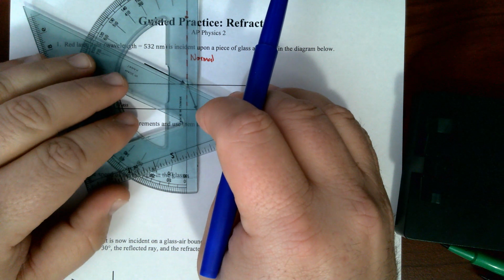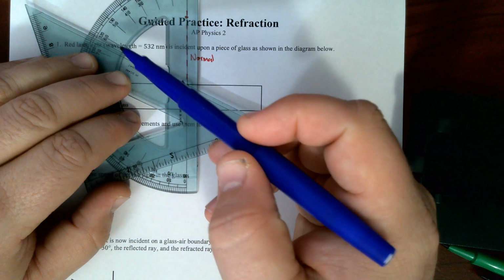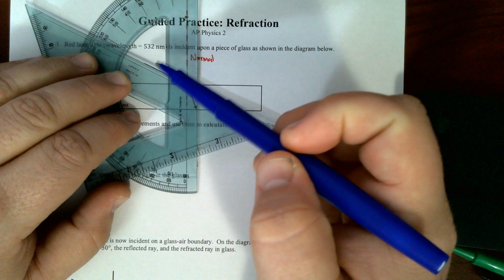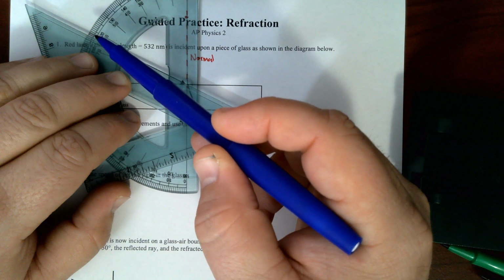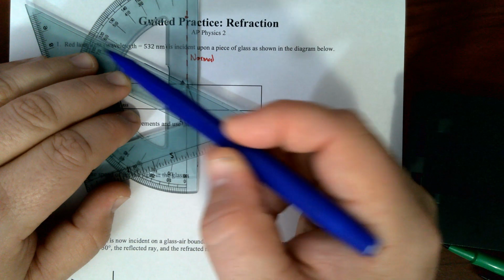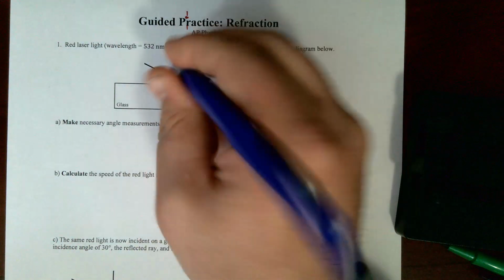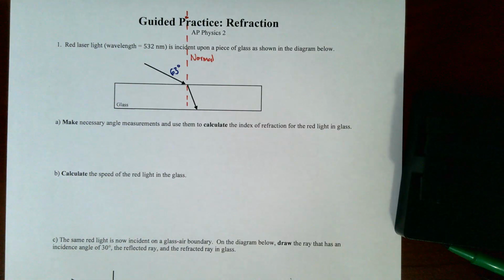You could obviously just draw it. Looking at the inside, since this is an angle less than 90, so 60, 1, 2, 3, we'll say 63.5 degrees. We'll round that to 63 since we're just practicing here.